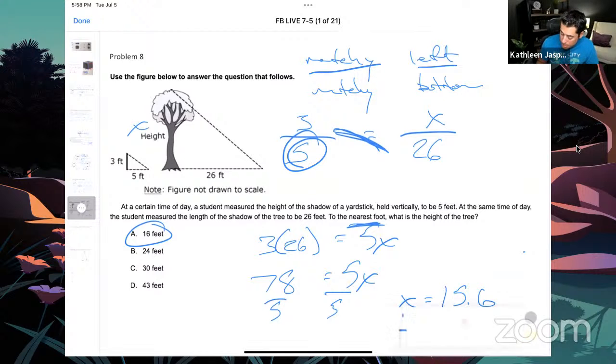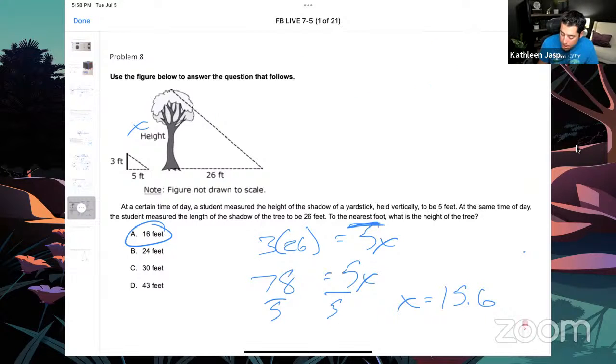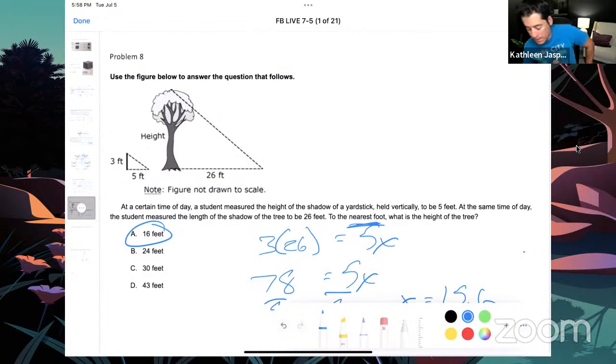But here's what I want to show you as well. I want you to take note of all these little things because it can help you. The reason why they give you these is because these are proportions. Proportion means so many times bigger or so many times smaller.